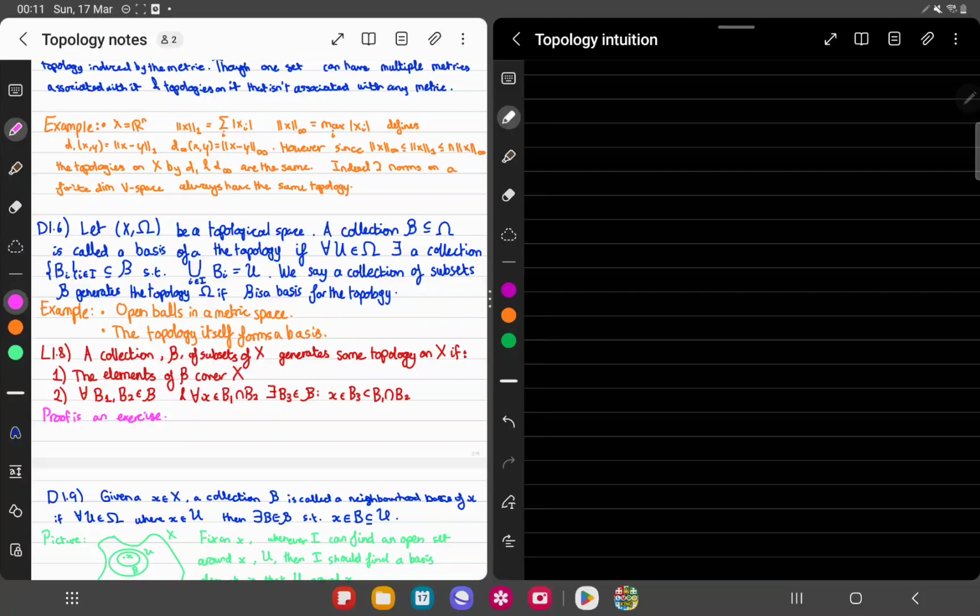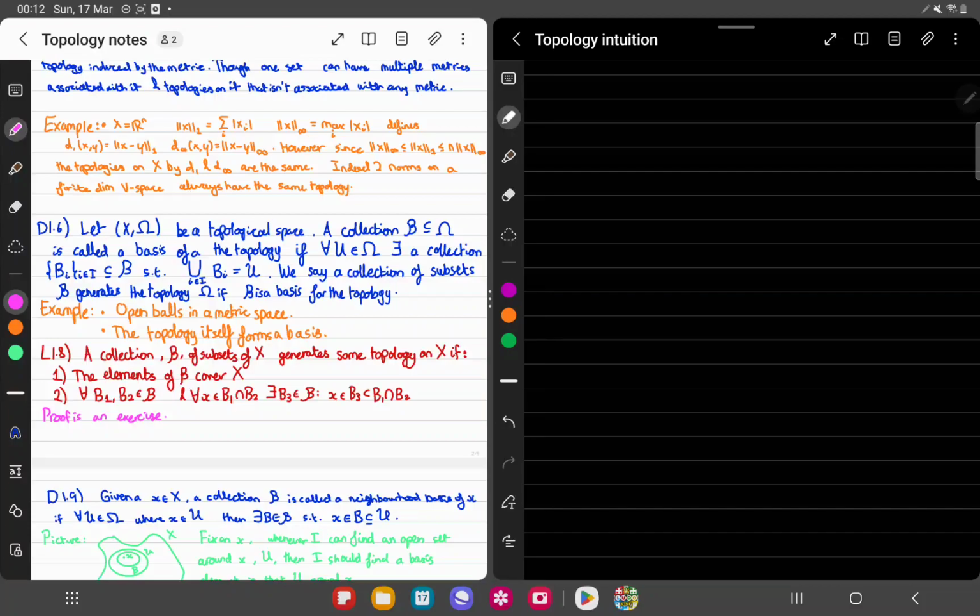Specifically in finite dimensional vector spaces. There's some strange stuff that happens in functional analysis with infinite dimensional vector spaces that I don't quite understand because I didn't do it. But the intuition of a basis is a small collection of things that helps you define the entire collection of objects.